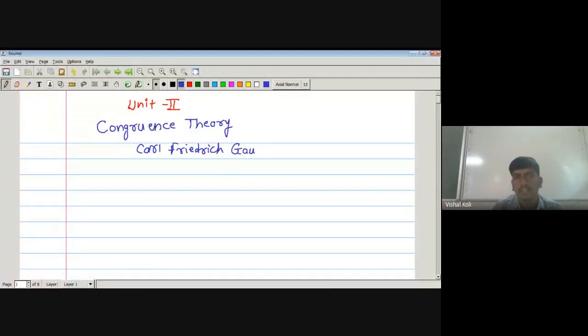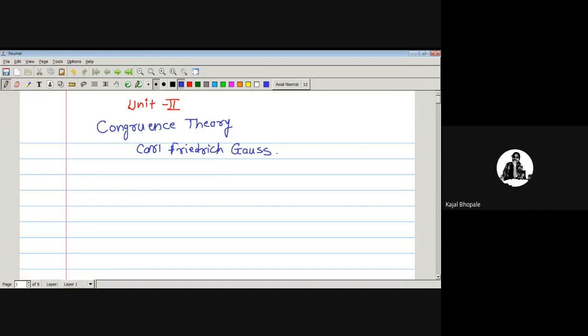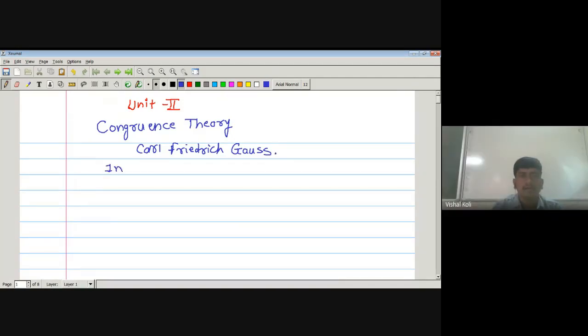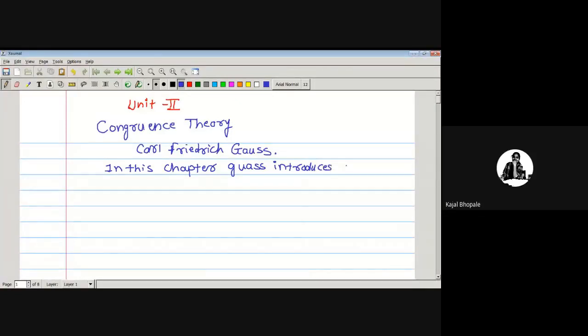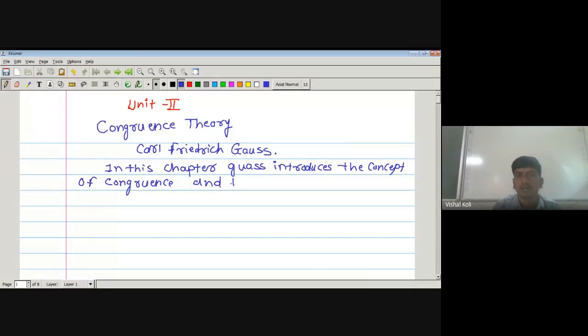This concept was first introduced by Gauss, and in this chapter Gauss introduces the concept of congruence and the notation that makes it such a powerful technique.